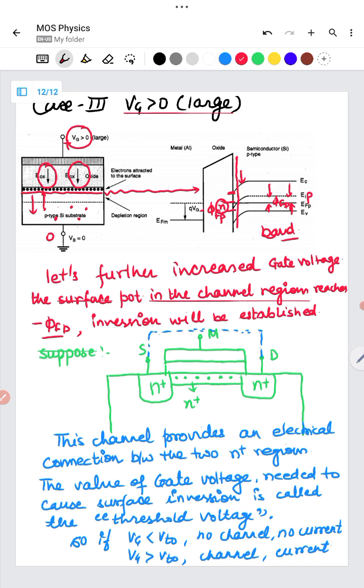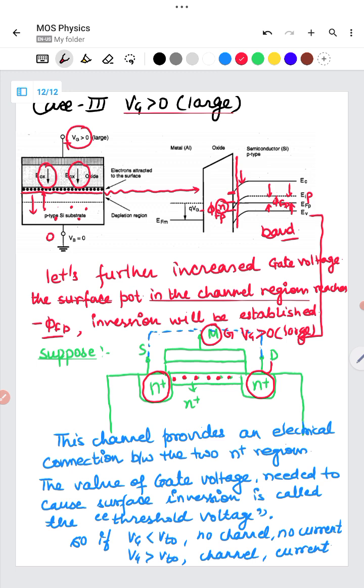Okay, if you map the similar situation onto the MOSFET, what happens is you have an N plus which is the source region, you have an N plus which is the drain region, and if you apply at the metal or at the gate terminal a gate voltage which is greater than 0 but large, then you have an electron layer near the SiO2 interface.